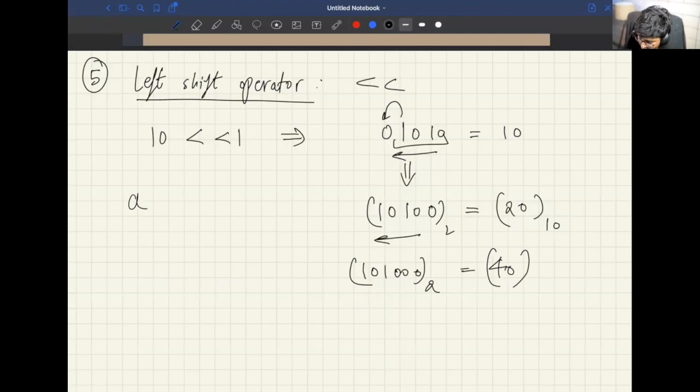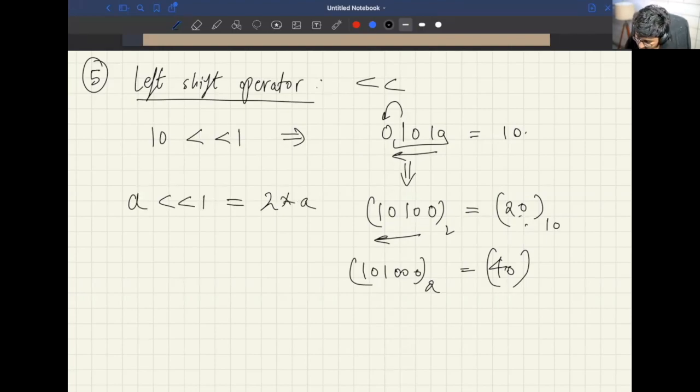If I left shift a number a by 1, what is that going to give me? Via this example. Twice of a. Awesome. Nice.